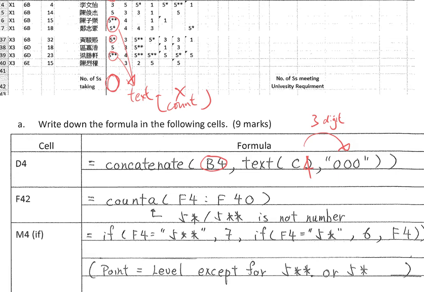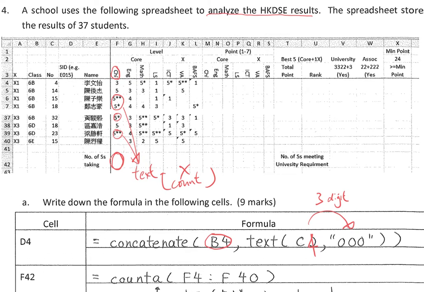Now we go to M4. We clear all the things. M4 is this value. Some of the students may represent it with a number, so you may just take the number.